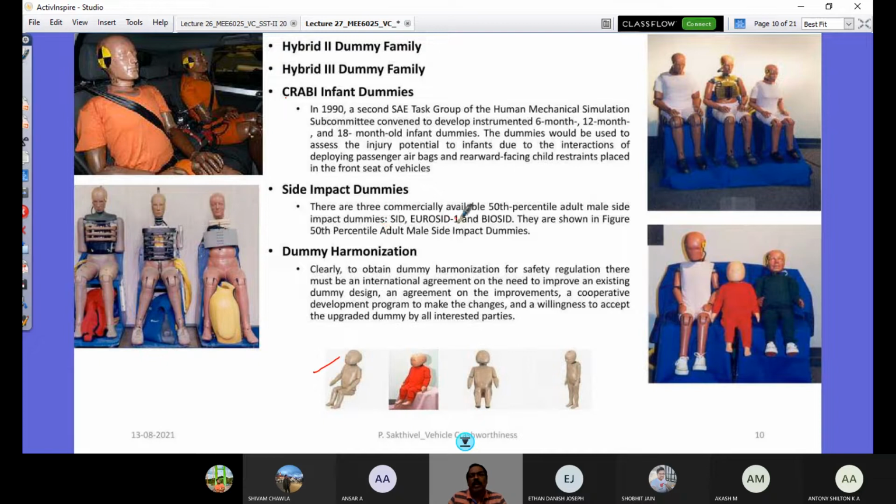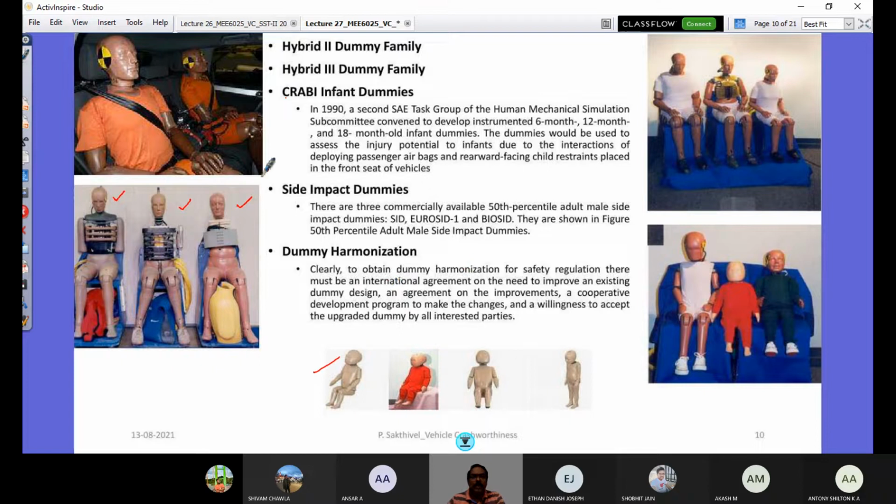There are 3 commercially available 50th percentile adult male side impact dummies. This one is what is called SID, the middle one is what is called EuroSID 1, and this one is what is called BioSID. They are shown in this figure, 50th percentile adult male side impact dummies. You can also use the 5th percentile female dummy Hybrid III for a side impact test.